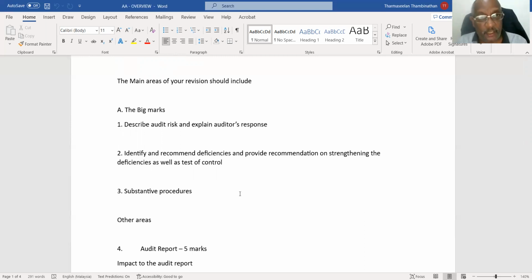The question is not tricky, and you need to make sure you can relate the substantive procedures back to assertions. That's the core. Assertions, substantive procedures, you need to relate both of them. So you need to determine which assertions you want to test and what substantive procedures you want to look at.